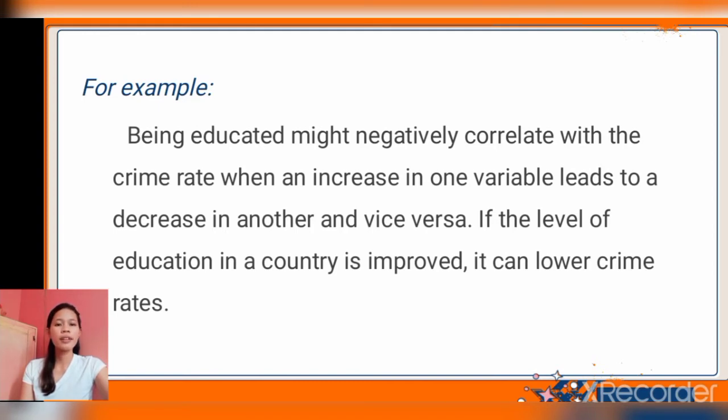If the level of education in a country is improved, it can lower crime rates. So this is basically an example of a negative correlation, because being educated is negatively correlated with the crime rate a country has.